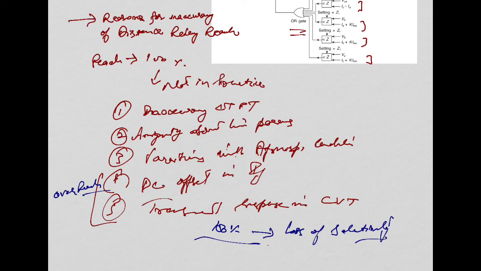So this cannot be tolerated in the extra high voltage lines. So it is usual practice to set the reach of the distance relay to about 80 to 90% of the line section.